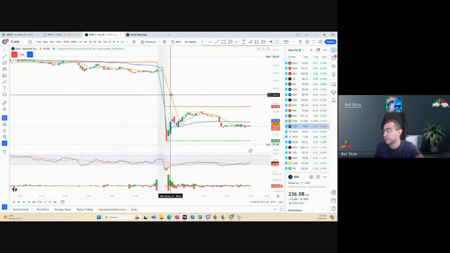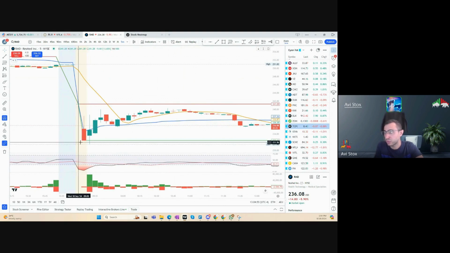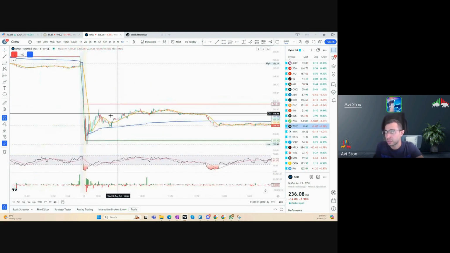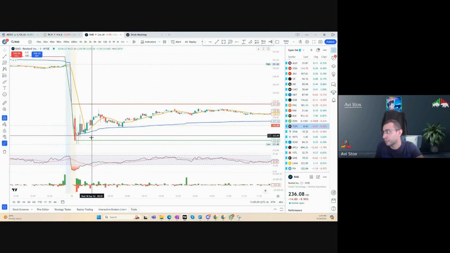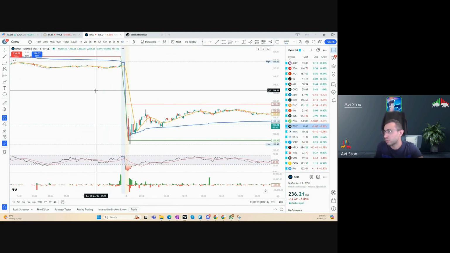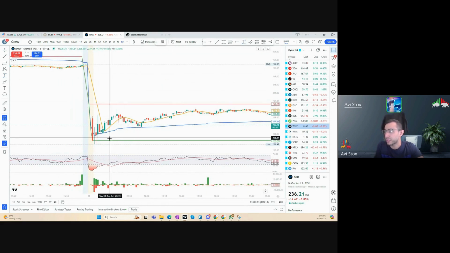Okay, so what we are looking at, as you can see here, that was the low of pre-market. It tested that. Let's look at 1 minute, 1 second. Okay, it tested that, couldn't break below, and had a very nice move to the upside, quite a bit of money in comparison.